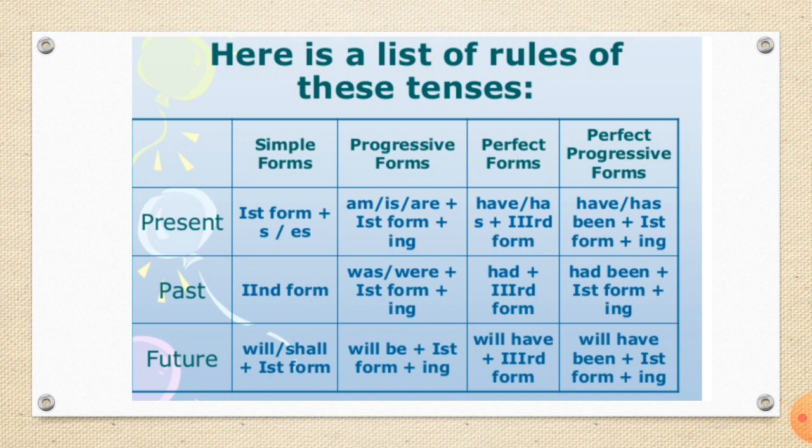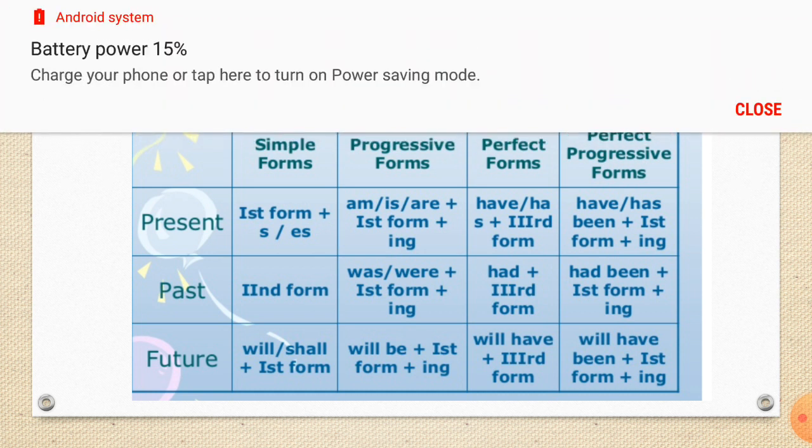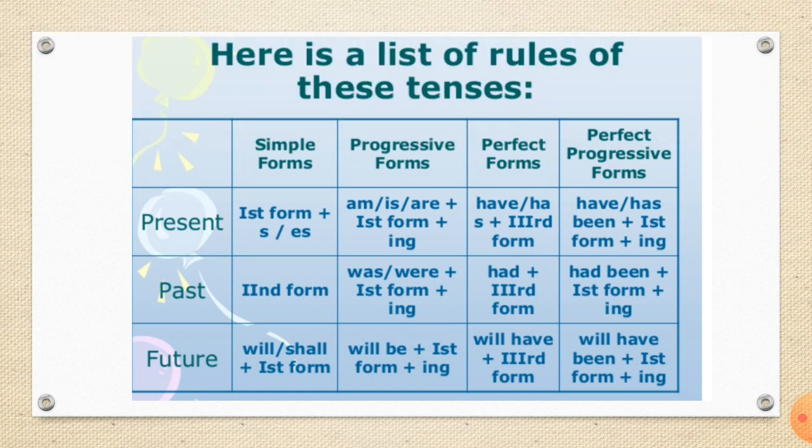Now we will see what is the present perfect form. Have or has plus third form of the verb. What is past form? Had plus third form of the verb, and the future perfect form is will have plus third form of the verb. In perfect tense, we have to always use third form of the verb.